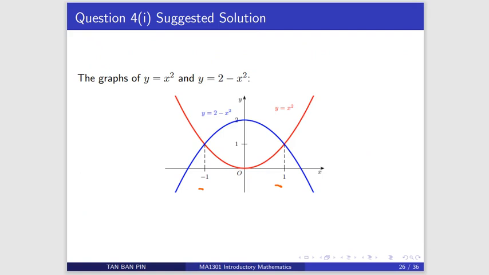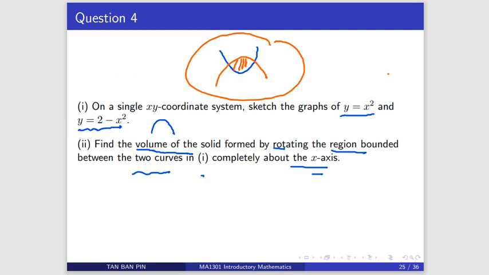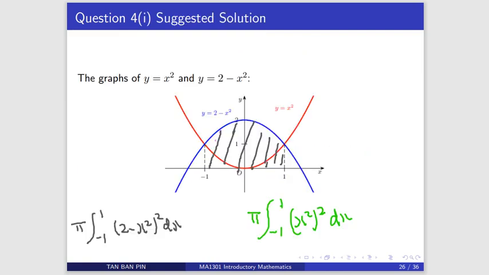And after that, you're supposed to find the volume of the solid formed by rotating the region bounded between the two curves about the x-axis. To find volume, it is pi integrate a to b y squared dx.